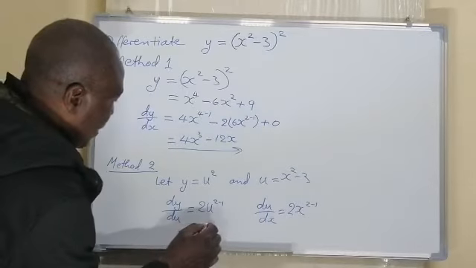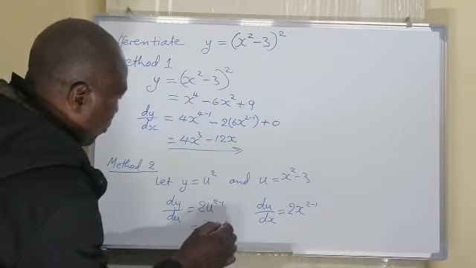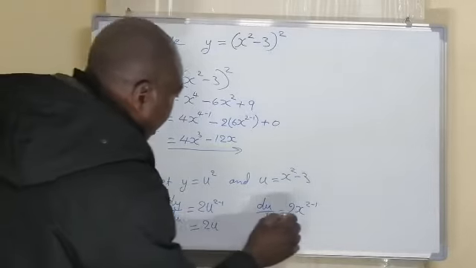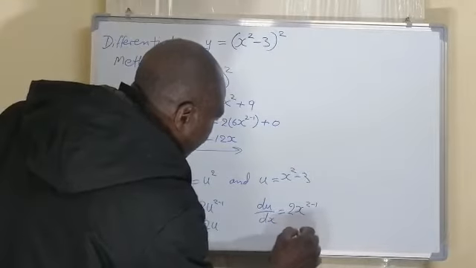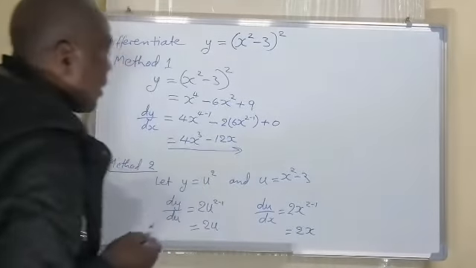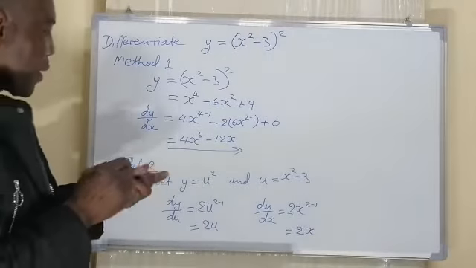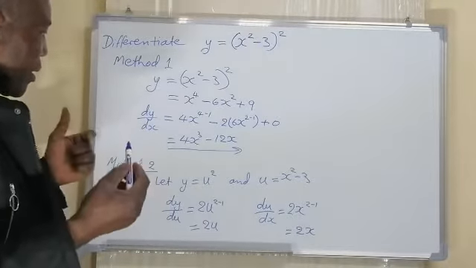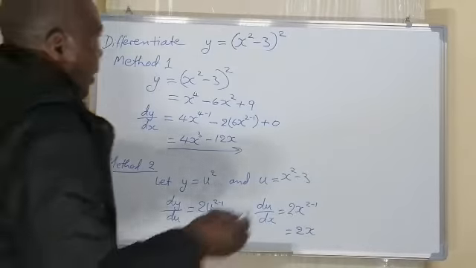This will give us 2u, while this one is 2x, because the derivative of a constant is 0.